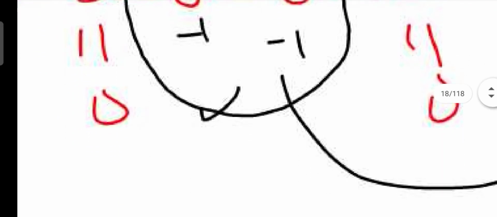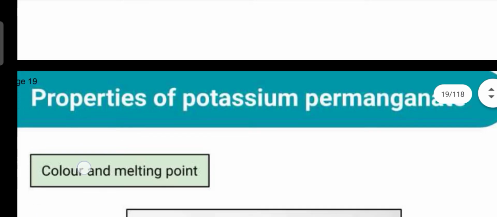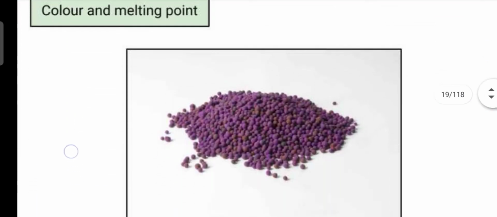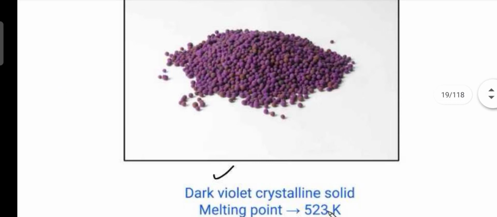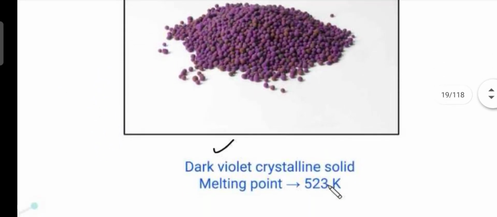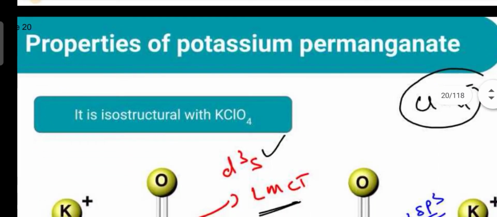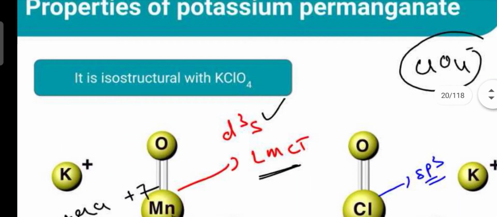Next, let's move ahead and study further properties of potassium permanganate: color and melting point. Yes, we already know the color of potassium permanganate is purple. It is a dark violet crystalline solid. Melting point is 523 Kelvin. It is also isostructural with KClO4.